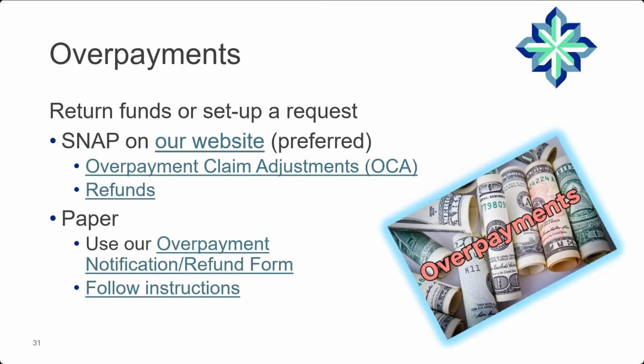Missing information or sending checks without explanations are also reasons that can cause a delay. To avoid unnecessary holdups, consider using the refunds or overpayment claim adjustment features of SNAP. And again, SNAP is the Secure Net Access Portal.